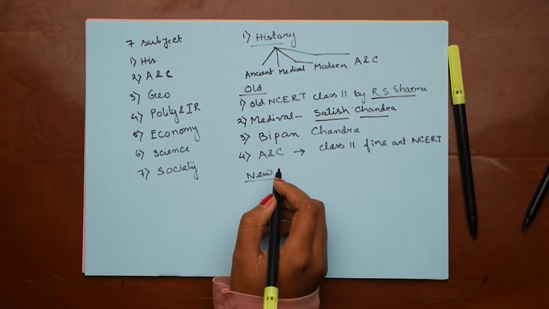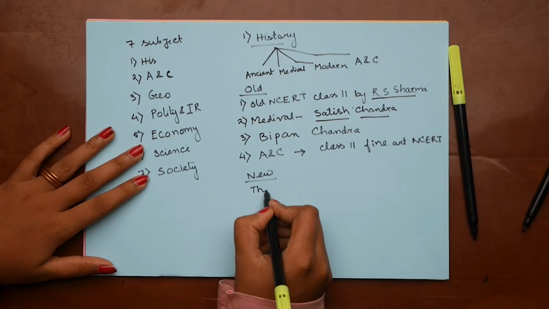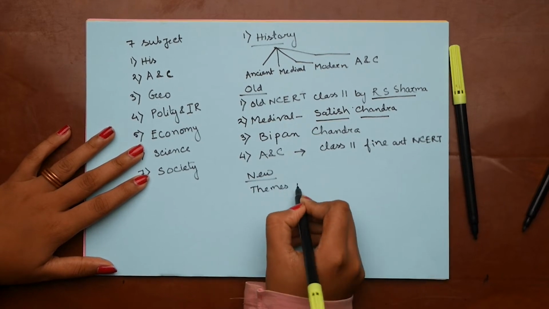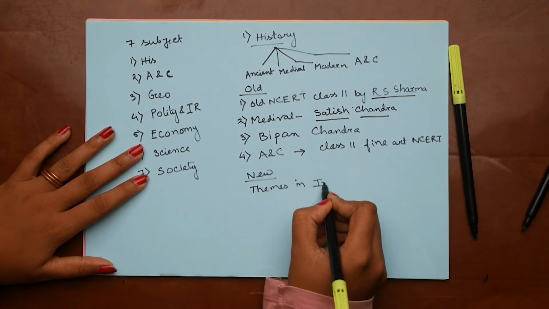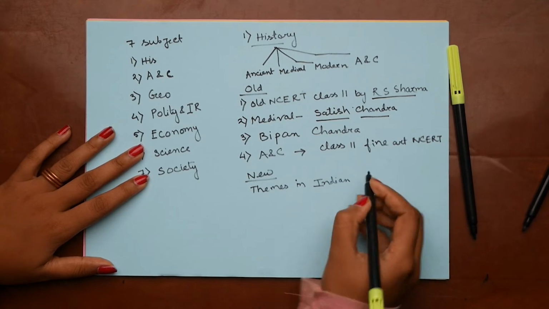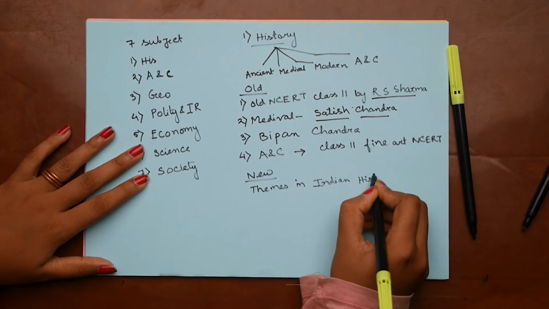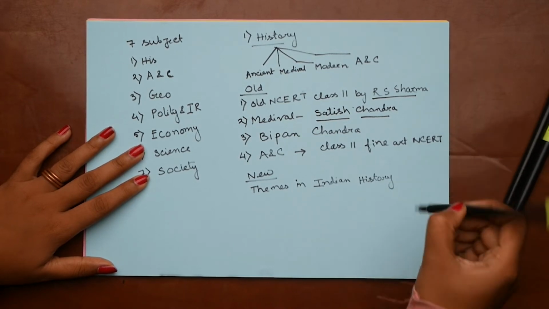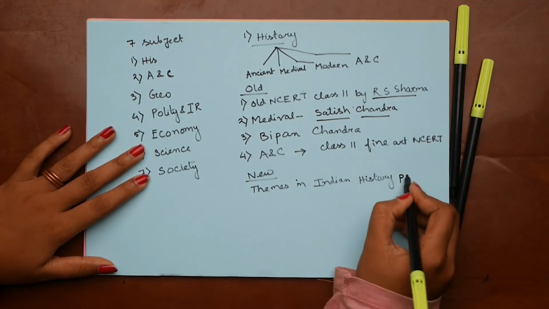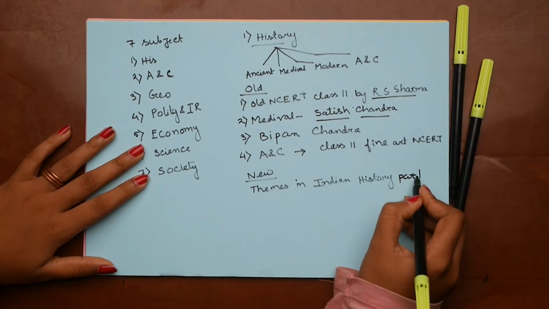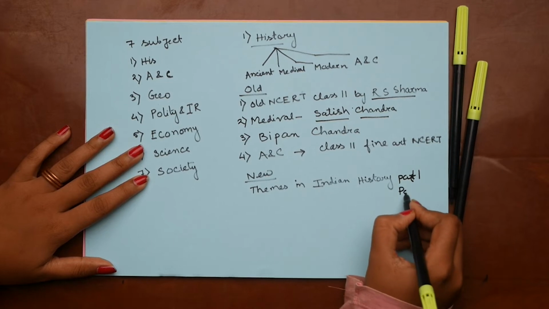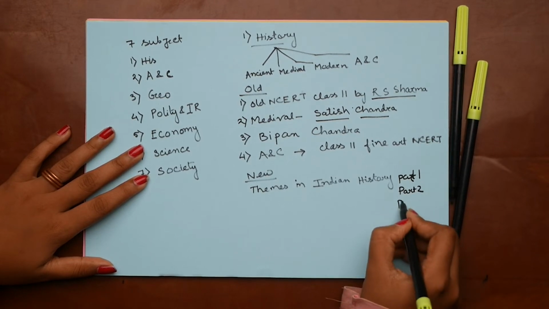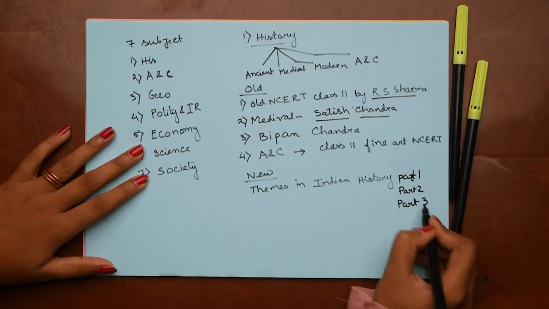Now come back to the new version of NCERT. What are the books you have to follow from the same? Themes in Indian History, Part 1, Part 2 and Part 3.